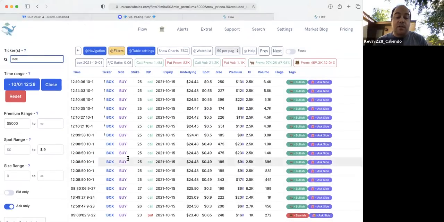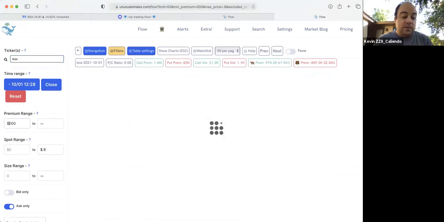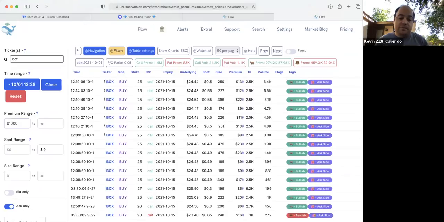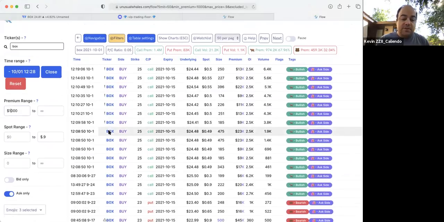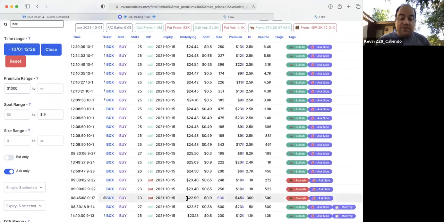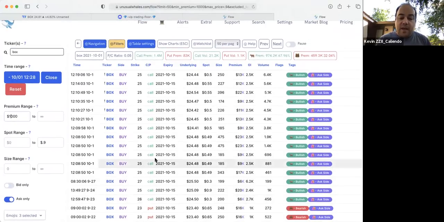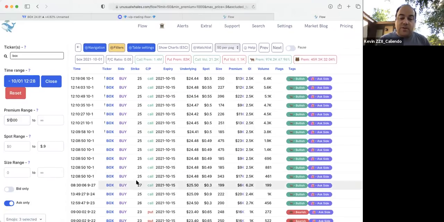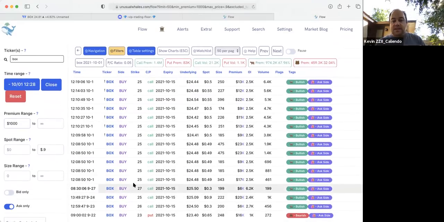But overall, for this day, all the flow is bullish, and I might take this down to the smaller orders just to see what's going on. A couple small puts, irrelevant really, but overall, even as you go down to the smaller levels, Box is getting a lot of hits.